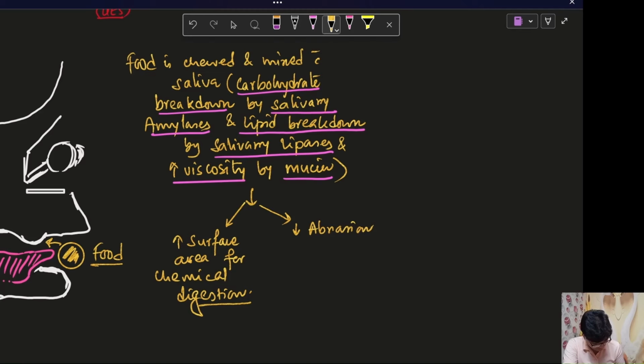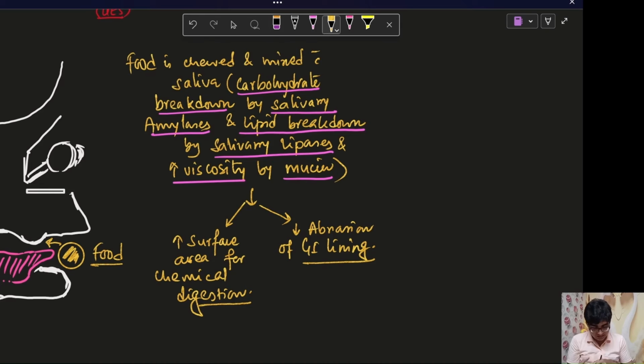If the viscosity of the food particle is increased by the action of salivary mucin, it will cause a decrease in the GI lining abrasion in its further course.